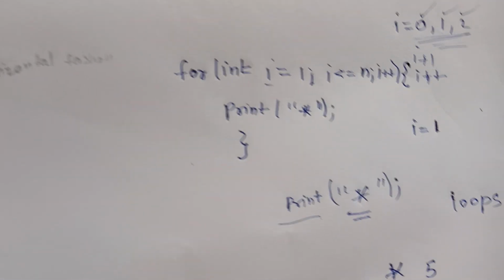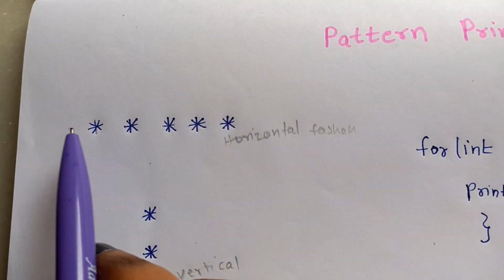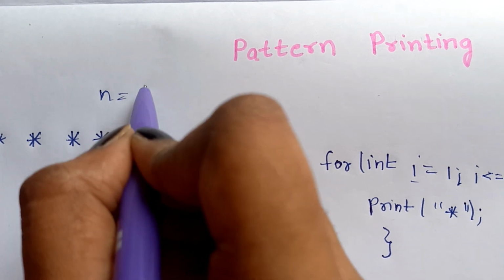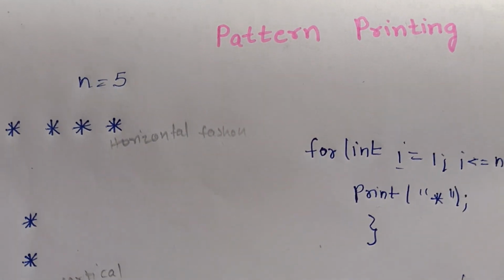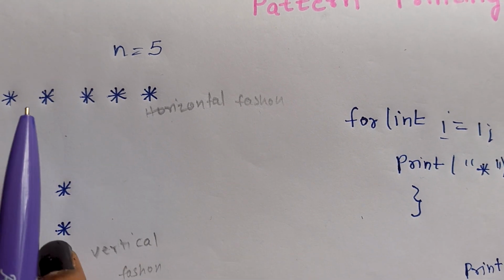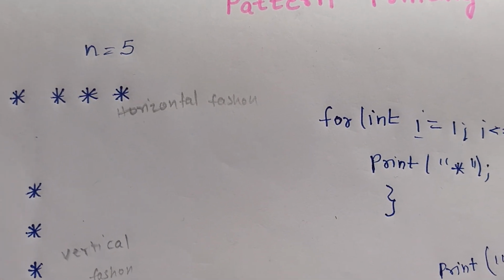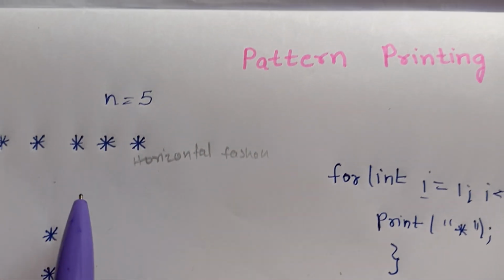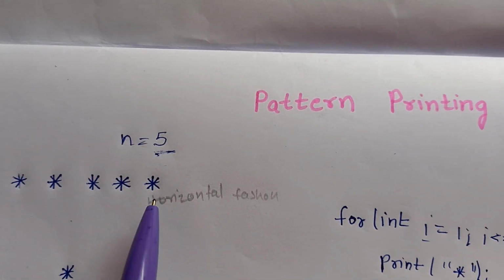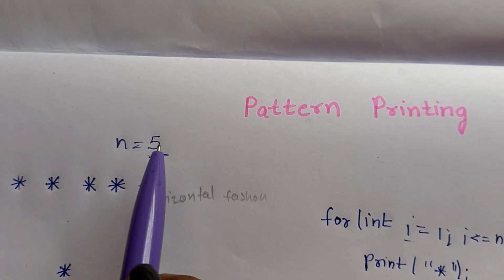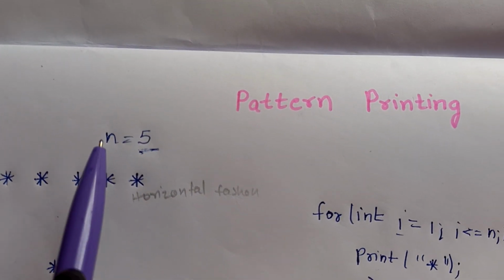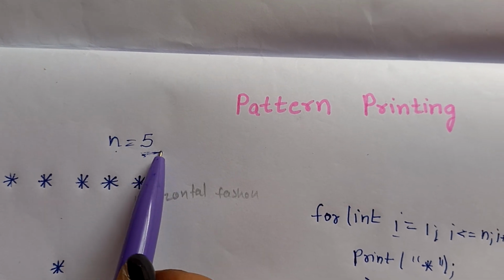If you want to print 5 stars, we take n as input from the user. If the user wants to print 6 stars or 7 stars or 2 stars, we need to take it from the user. If the user gives 5, we should print exactly 5 stars. If the user gives 6, we should print exactly 6 stars. So we take n as user input.